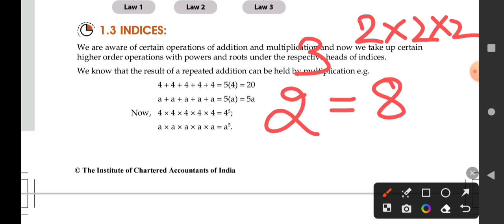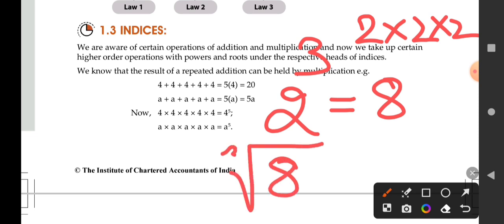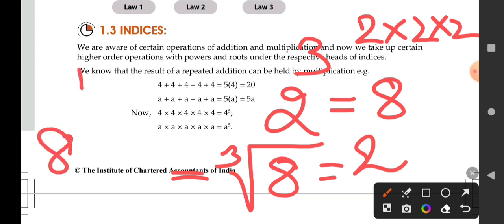So how will we write it in index form? Suppose I have to write cube root of 8. I will write cube root of 8 as 2, and in the index form I am going to write it as 8 power 1 third, the same way as I have written 4 power 1 half for the square root.